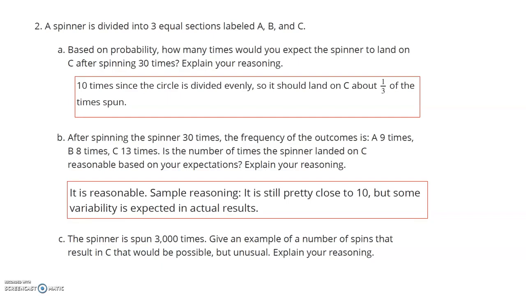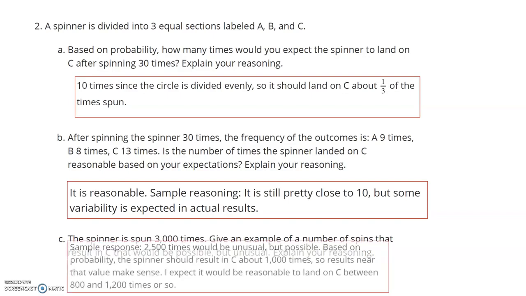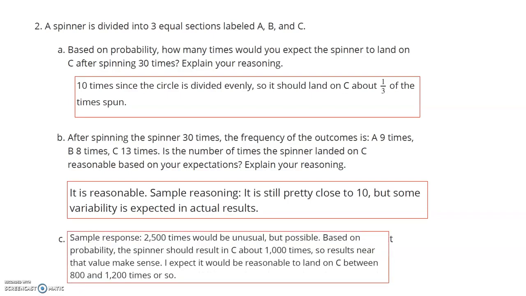But if you tell me 10 times, that's very unreasonable. The same thing if you tell me 2,800, that's very unreasonable as well. That's almost 100%, and 1/3 is 33%. So a number that makes sense around there will be 1,000, maybe a little less, a little more than that. And that's what they tell you here.